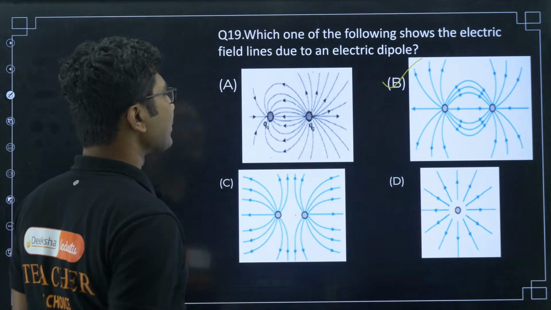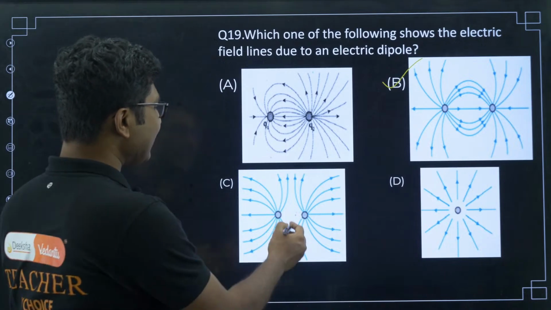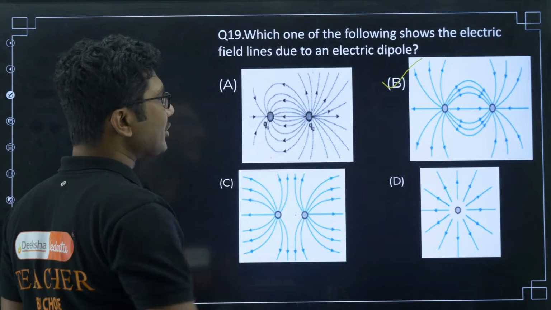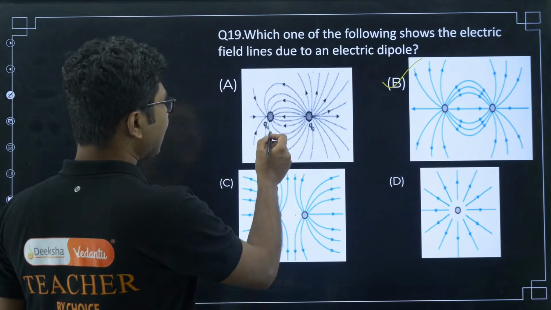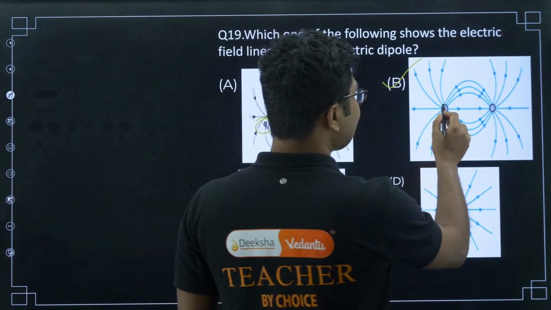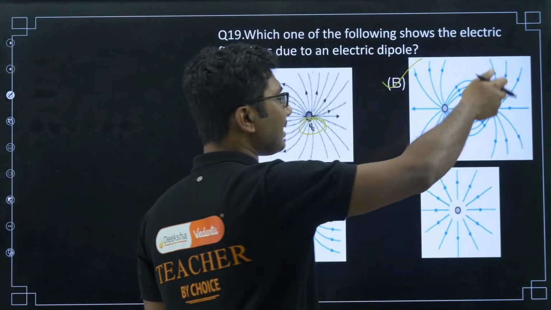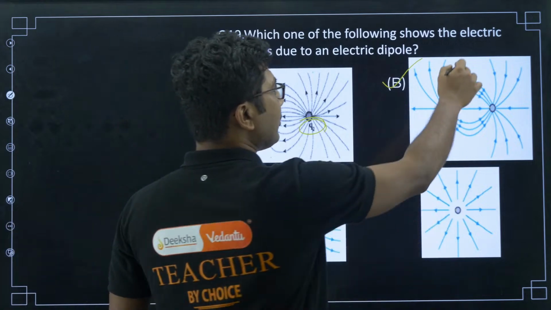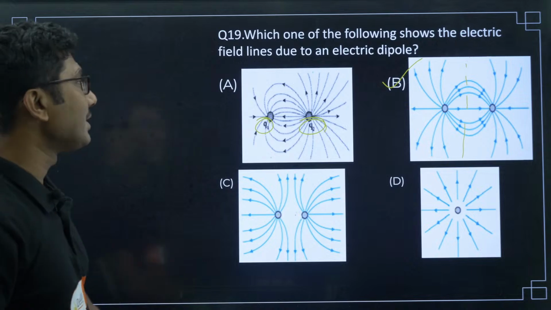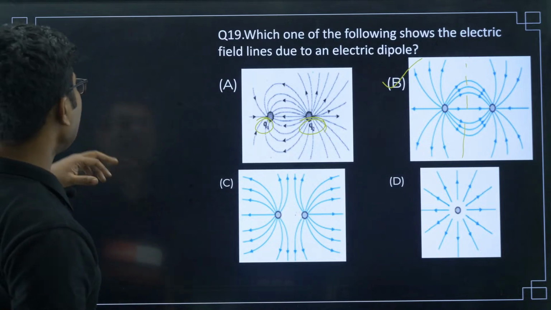Options A and B are possible candidates, both are positive charges. This is some random charge distribution, not uniform, so basically Q1 and Q2 are not the same in this case. In this case Q1 and Q2 are the same, that is why the lines are very symmetrical. If you put a dotted line here, you will see that both sides are symmetrical along it. So, definitely option B is the correct answer.